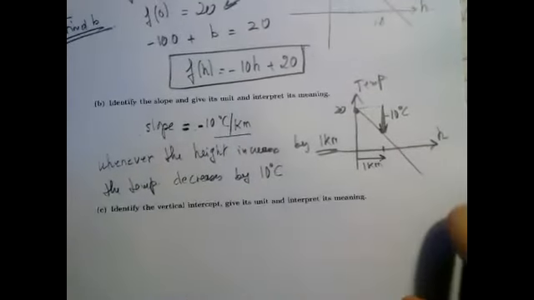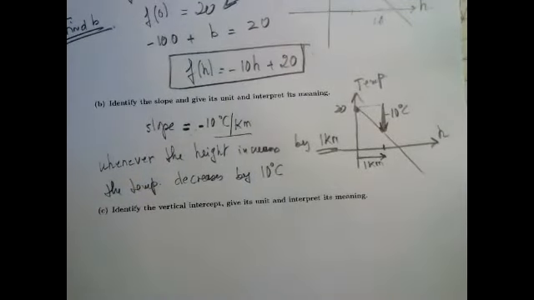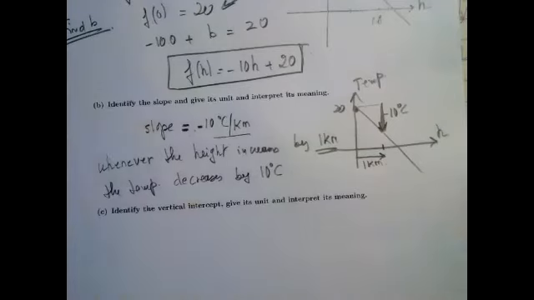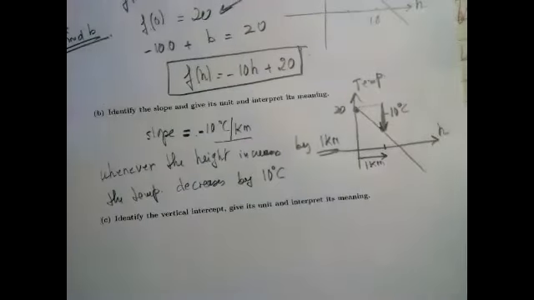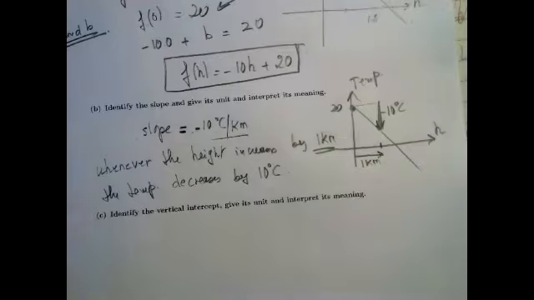Okay, identify the vertical intercept, give its unit, and interpret its meaning. Okay, who would like to answer this question? What's the intercept, which is of course clear in front of you? What's the unit, and what's the meaning of the intercept?